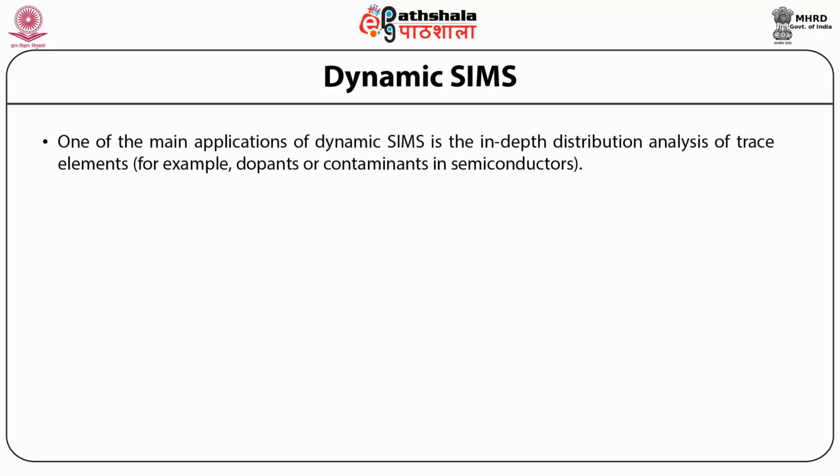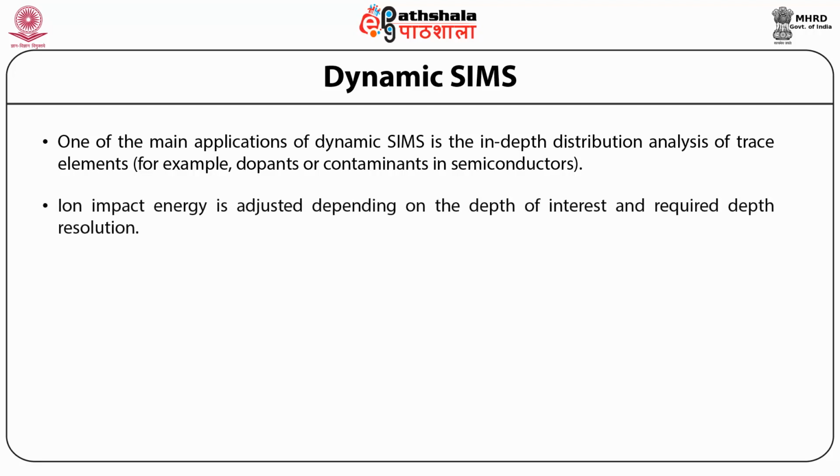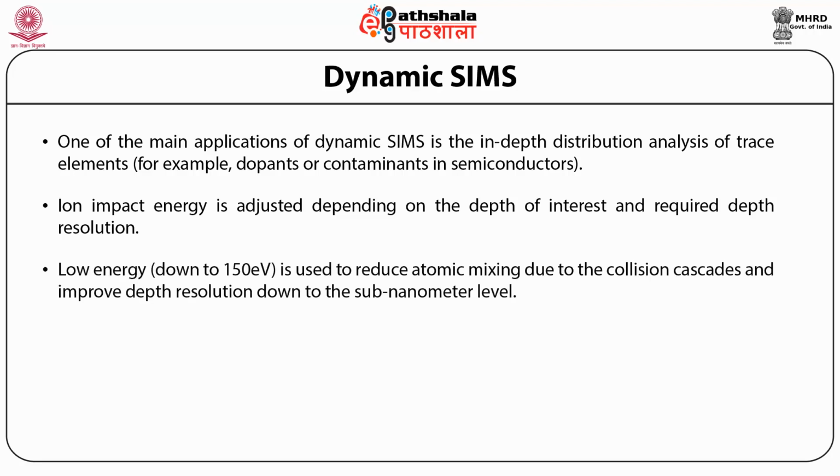One of the main applications of dynamic SIMS is the in-depth distribution analysis of trace elements, for example dopants or contaminants in semiconductors. Ion impact energy is adjusted depending on the depth of interest and required depth resolution. Low energy, down to 150 electron volts, is used to reduce atomic mixing due to the collision cascade and improve depth resolution down to the sub-nanometer level.